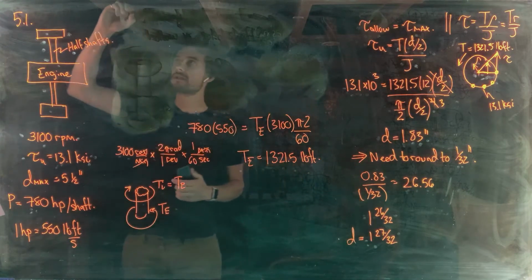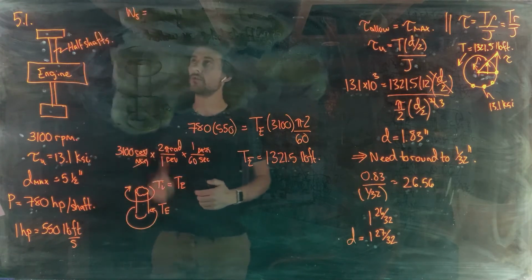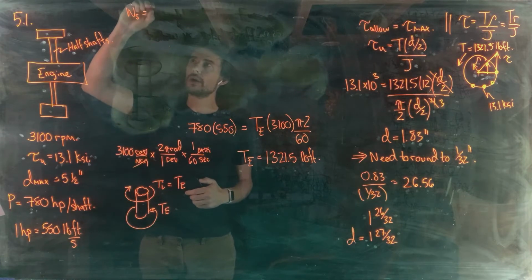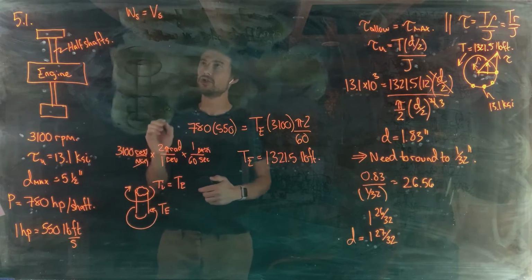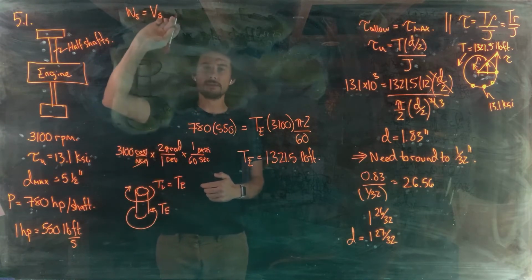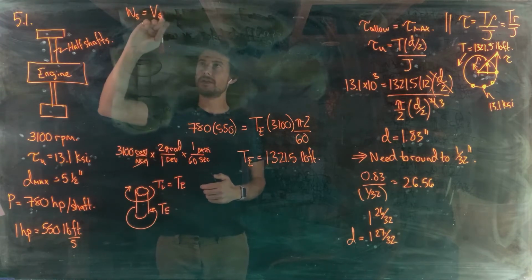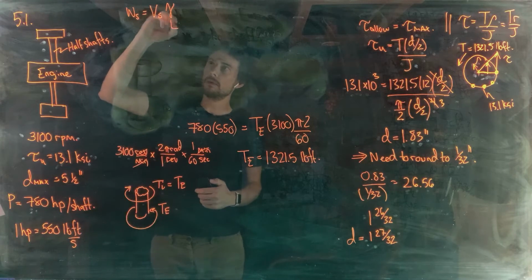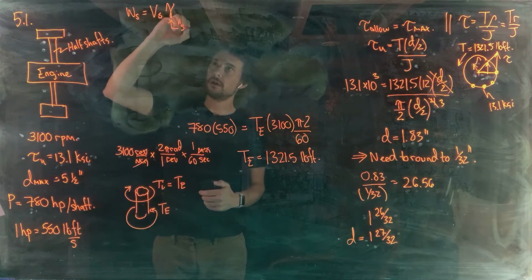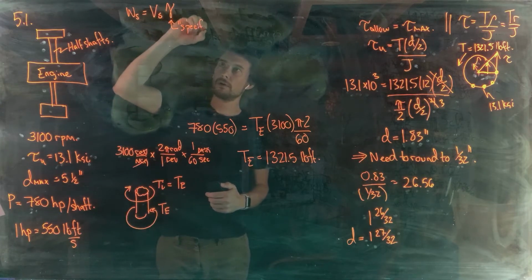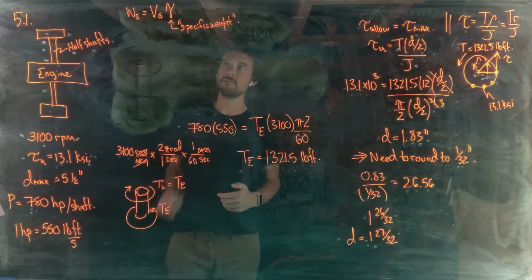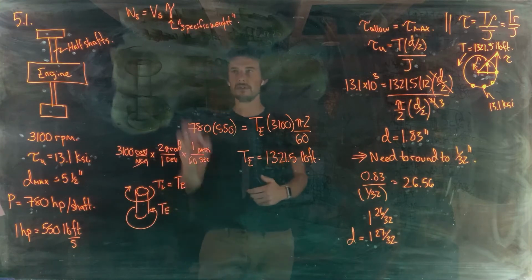Well, the weight of the solid shaft would be equal to the volume of the solid shaft multiplied by the specific weight of carbon fiber. So we'll use this as specific weight. That's just density multiplied by acceleration due to gravity.